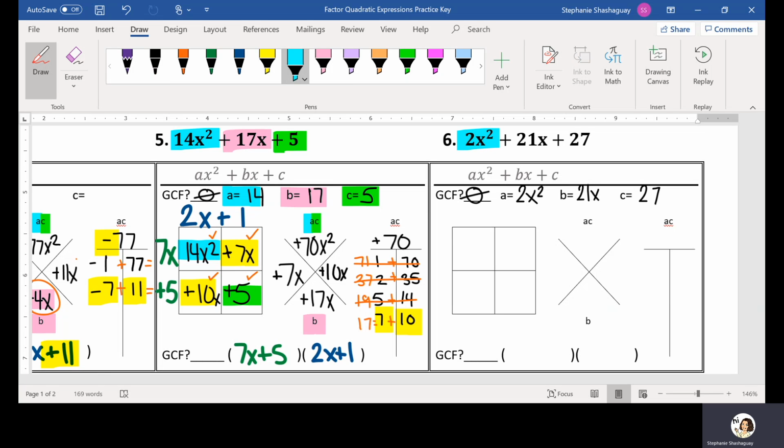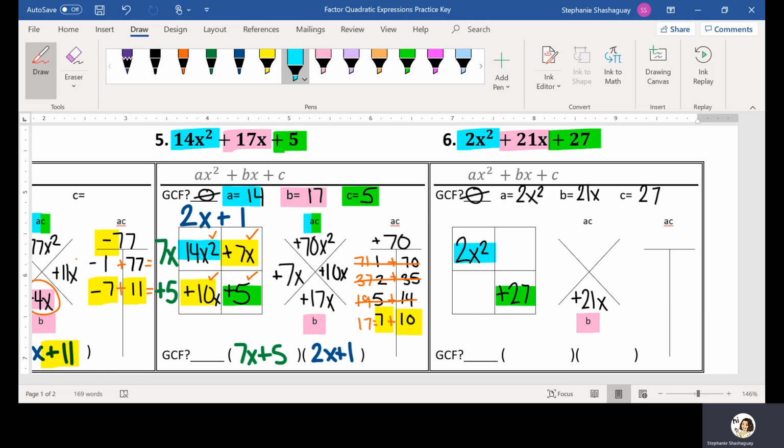Okay, same steps as I followed before. 2x squared in the top left-hand corner. Positive 27 in the bottom right-hand corner. And then I have my B term, 21x, that I need to fill in the bottom of my x puzzle. So a positive 21x.